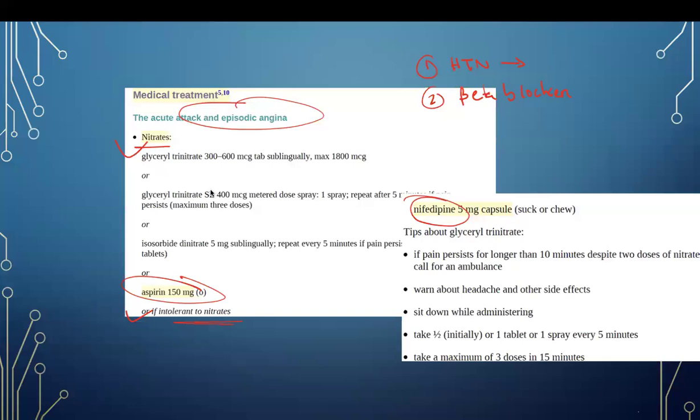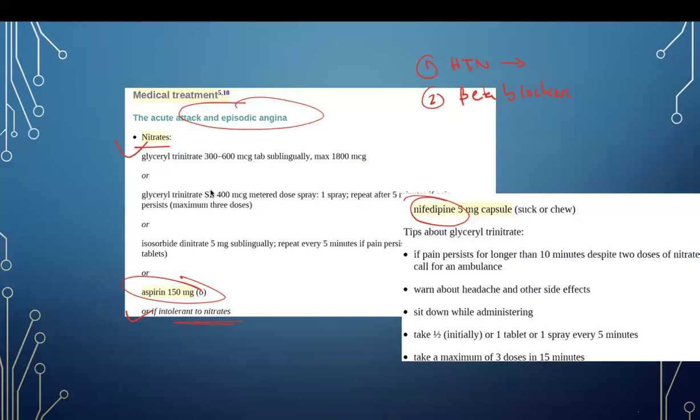Okay, so let's recapitulate what we have learned for stable angina. We haven't come to unstable angina yet, so we'll go into that. But the main difference between stable and unstable is the time difference and the severity of the presentation. In stable angina, the patient will come to us with chest pain which gets better within 5 to 10 minutes.